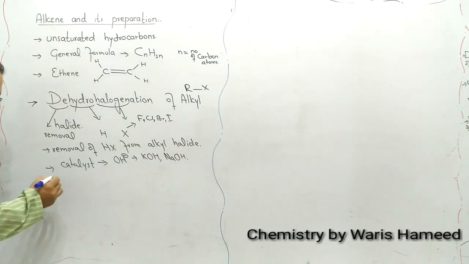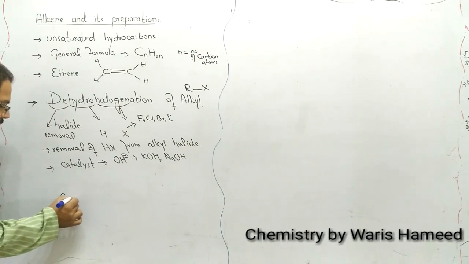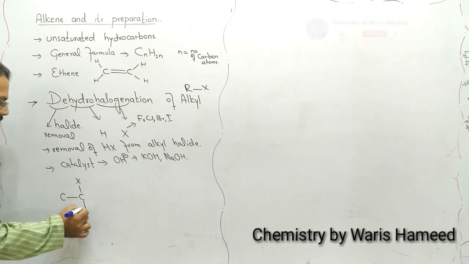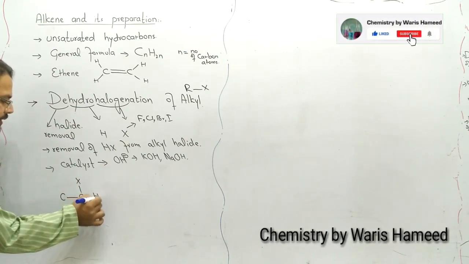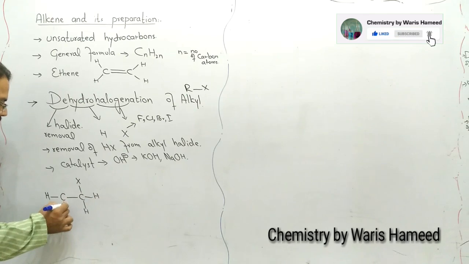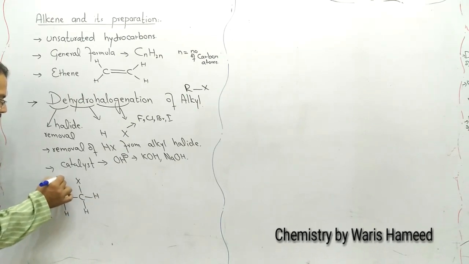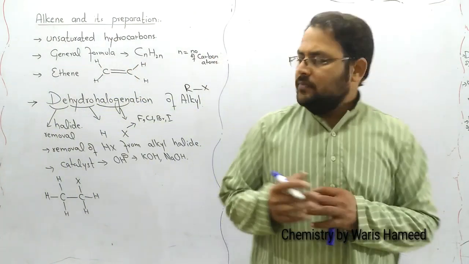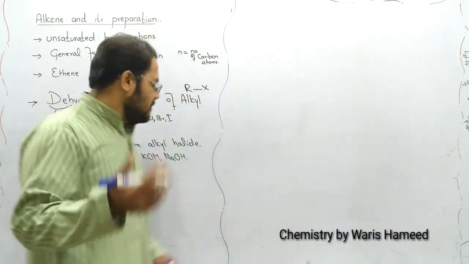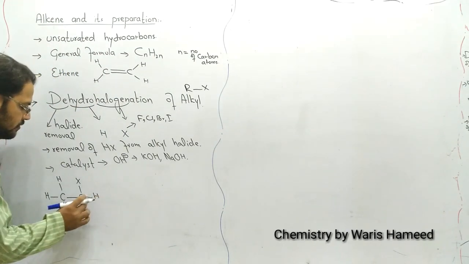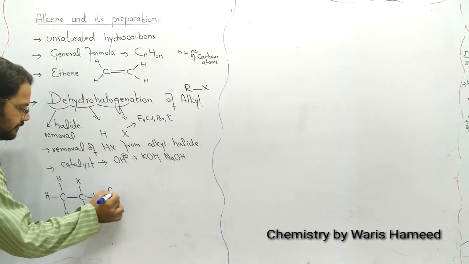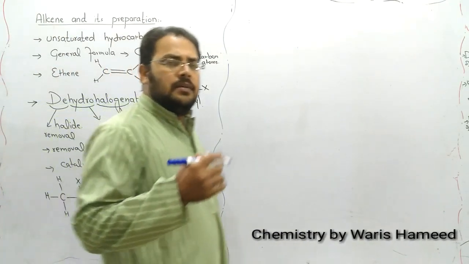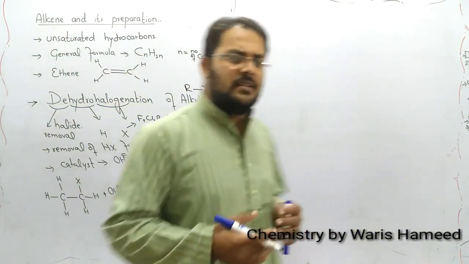Now going toward the reaction: carbon, single bond, carbon, halogen, with hydrogens on the carbons. It's ethyl halide, and we are using any base, OH negative, as catalyst. In alkyl halide, beta hydrogen is mostly acidic.